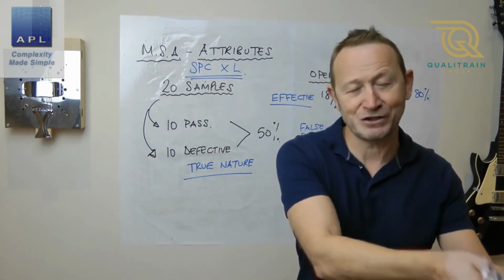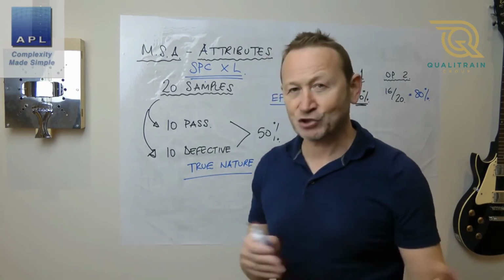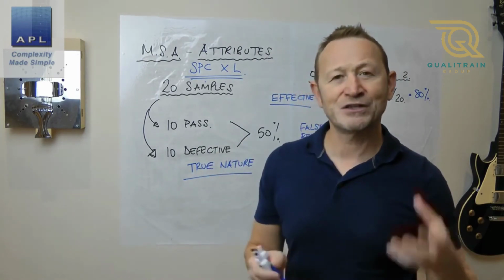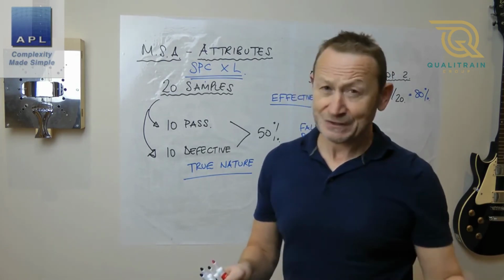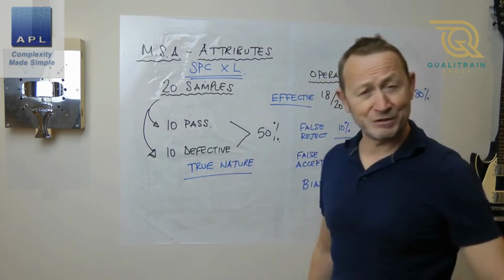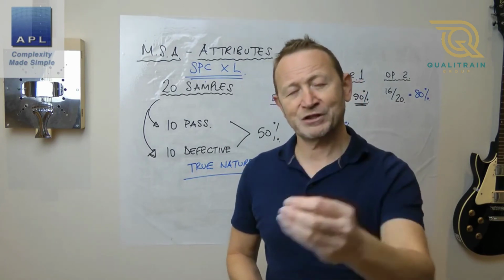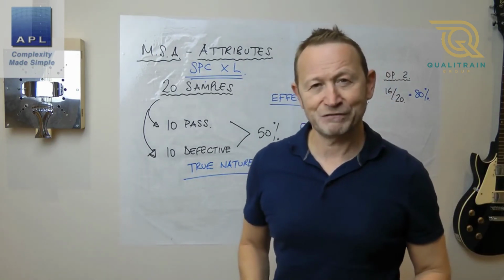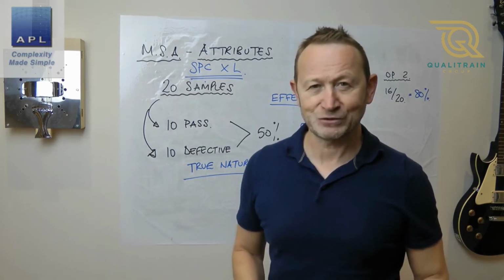You've just put a tighter operator onto the process. So MSA is crucial to getting your process capability improved. Usually when you've got a problem, the measurement system is going to be part of it. That's how to do an MSA for attribute, and of course there's also an MSA for variables should you need it. MSA for attributes.